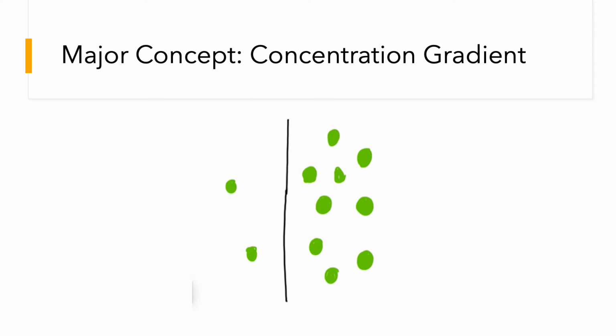The original setup is called a concentration gradient. There's a higher concentration of the substance on the right side on this diagram than on the left side. Substances naturally move down their concentration gradient from high to low concentration if they are able to.